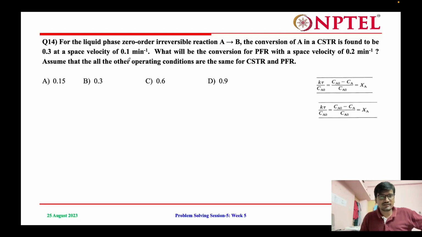Assume that all the other operating conditions are the same for the CSTR and PFR. So here you have to calculate the conversion for the PFR with space velocity 0.2, for a zero order reaction.